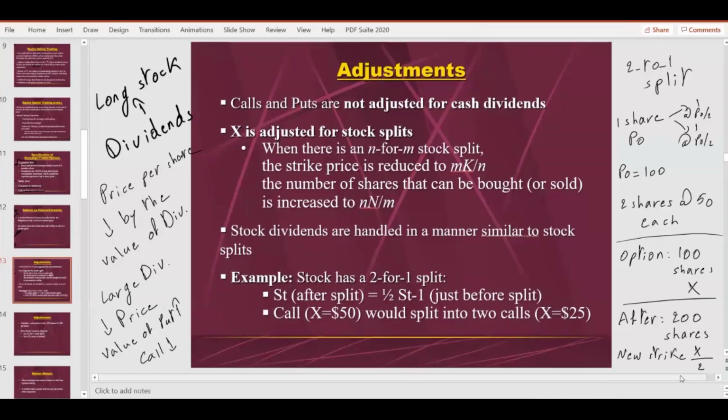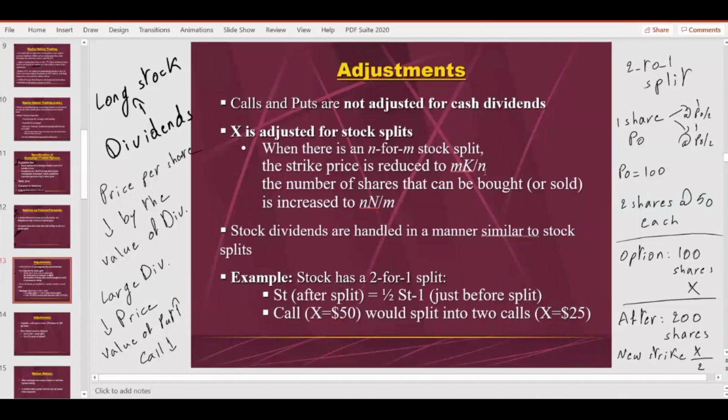And the general case, the one that we can see here on the slide, is that the strike price is adjusted for stock splits. So when there's an N for M stock split, the strike price is reduced to M times K divided by N. In the example that I've just provided, N was 2 and M was 1.